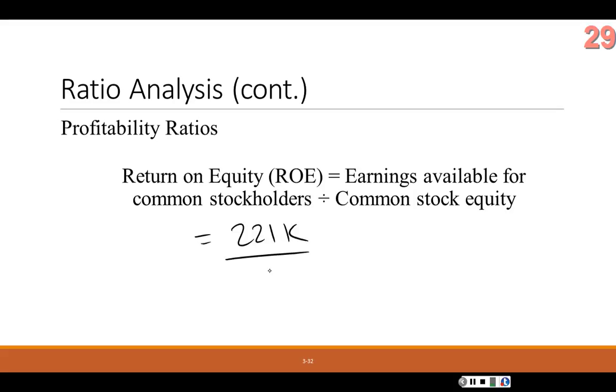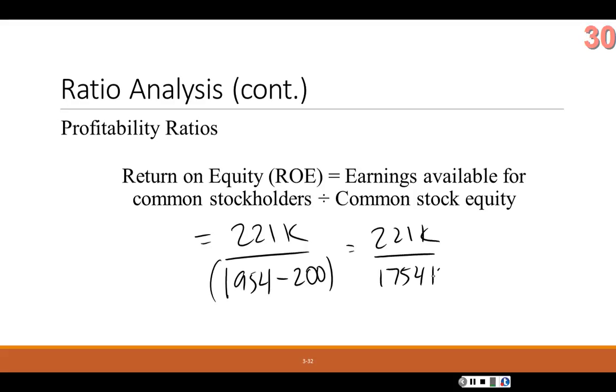And we divide that by common stockholders' equity. And that's calculated as total shareholders' equity minus the preferred stock, so 200. That's 221,000 over 1754, and that's 12.6%.